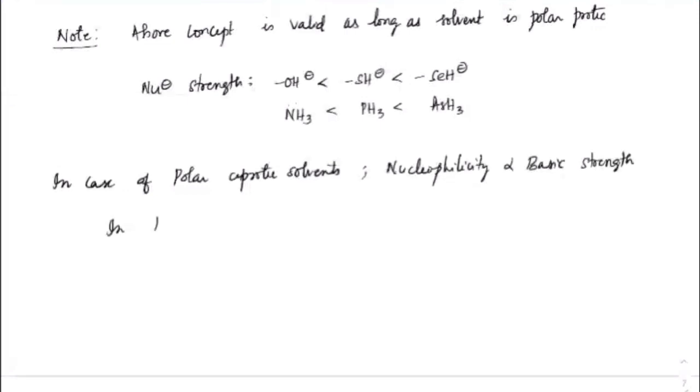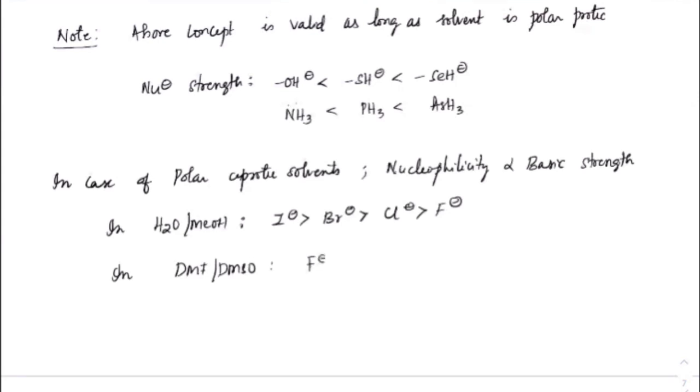So in short, in water or methanol, I minus is a stronger nucleophile than Br minus, Cl minus and F minus. But in DMF or DMSO, F minus is better than Cl minus, then Br minus, then I minus. Okay, this is how the nucleophilic strength would be.